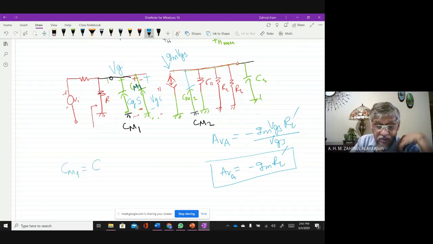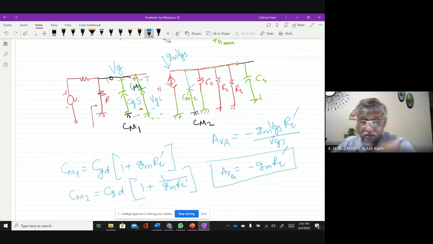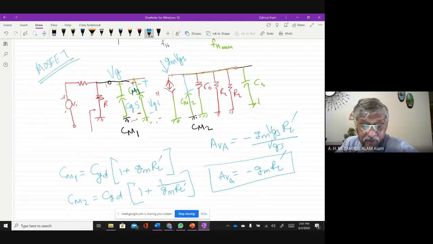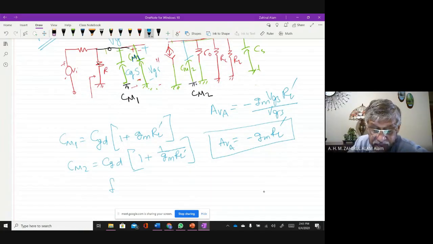What is CM1? CM1 is equal to CGD times 1 plus gm RL prime. CM2 is 1 plus 1 over gm RL prime. Correct? So this is for the MOSFET. So if you know the transistor, then the MOSFET is easier. And what is the corner frequency?